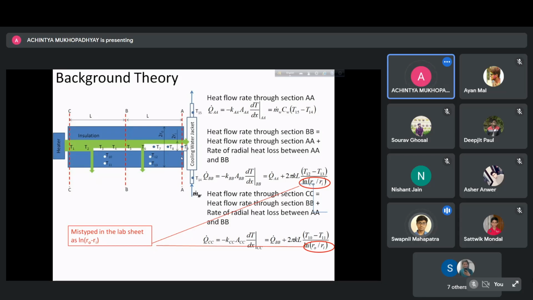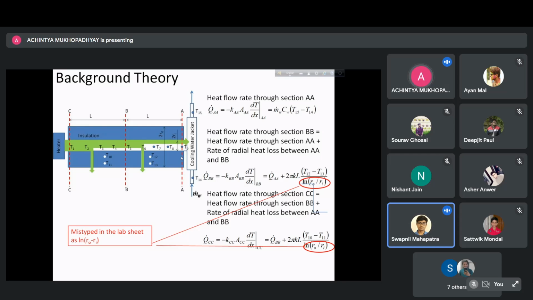Sir, one thing I just want to confirm: when we are going from A to B, as the heat is getting lost radially, at point B there will be less heat energy than point A. No, sir, opposite.